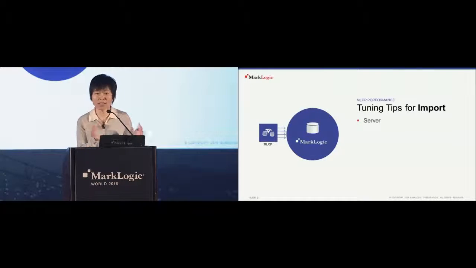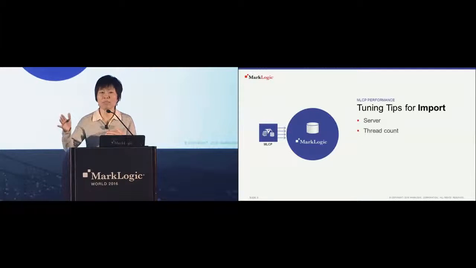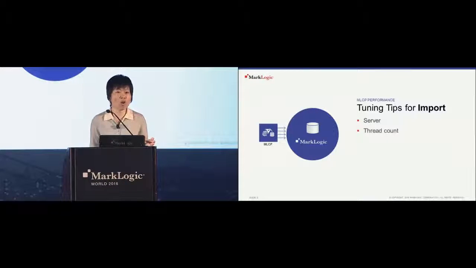Thread count is on the MLCP side. It's an MLCP config option that controls the number of concurrent sessions MLCP maintains to the server. By default, it is 4, and if you're running MLCP on a separate machine from the MarkLogic cluster, you can tune it up based on your cluster size and your app server thread count. Batch size is another configuration option on MLCP.